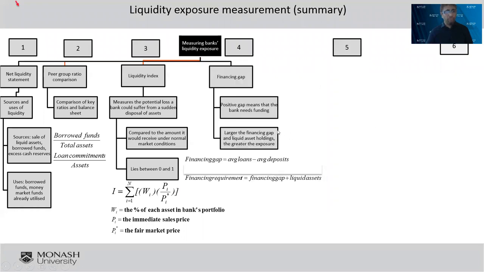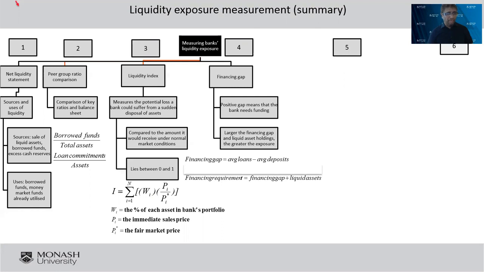Number 4, we use something called the financing gap. The financing gap basically is the difference between the loans we are expected to give and the deposits we are expecting to receive in the future. And we see what the difference is. We add to that requirement the holding of what we call cash.